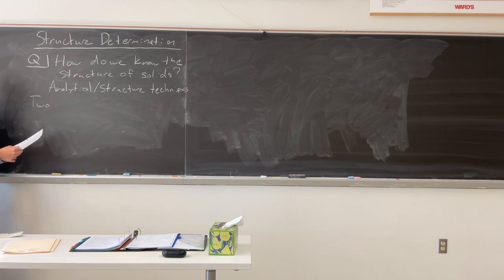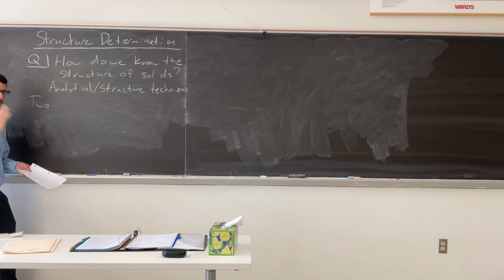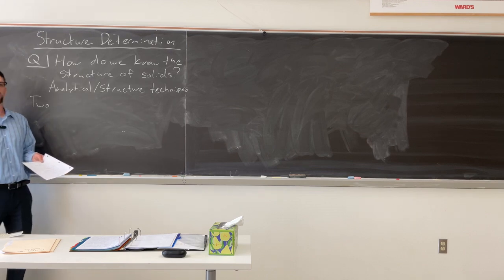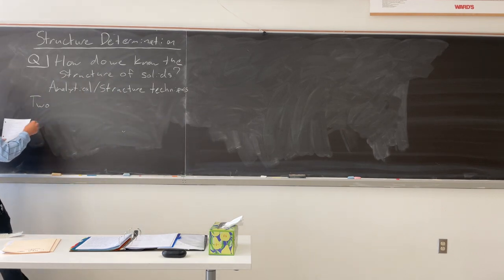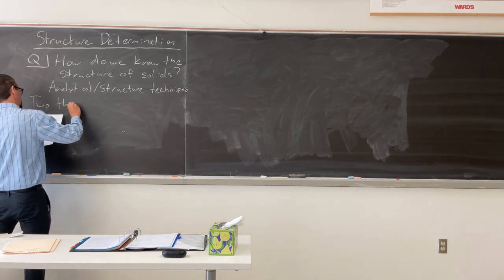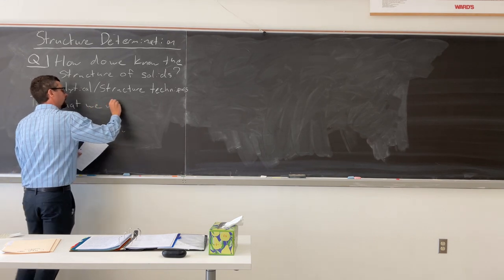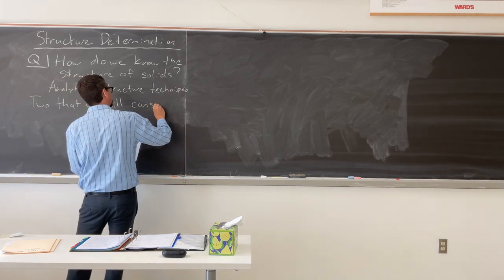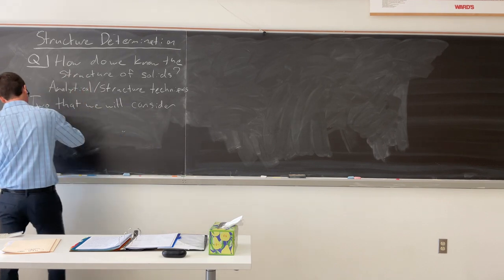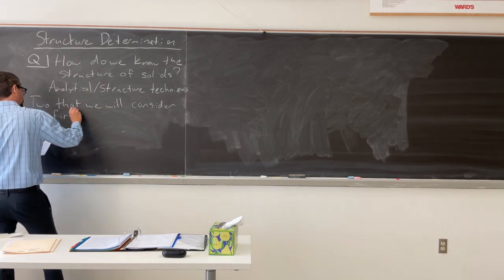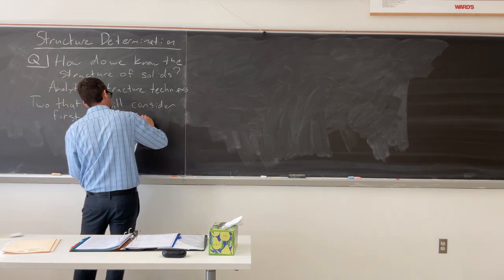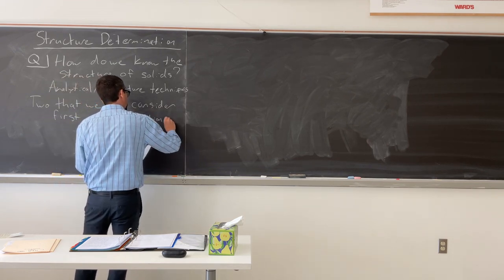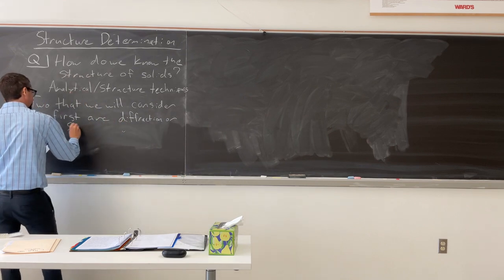So the two techniques that we're going to consider, which are really important because the mathematics makes a big deal, and it will connect us to the theory that we're going to do in the second part of this class, are diffraction or scattering experiments.